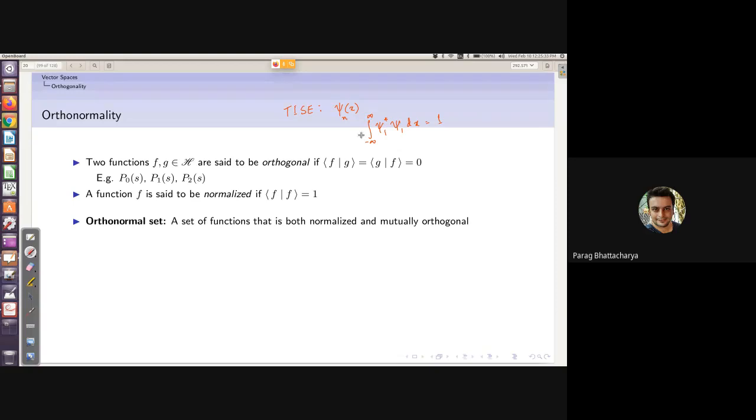But if you look at it, this is exactly the same as your scalar product, because suppose I have one wave function psi m of x, and then I take the conjugate of this one and some other wave function psi n of x, multiply and integrate from -infinity to +infinity.